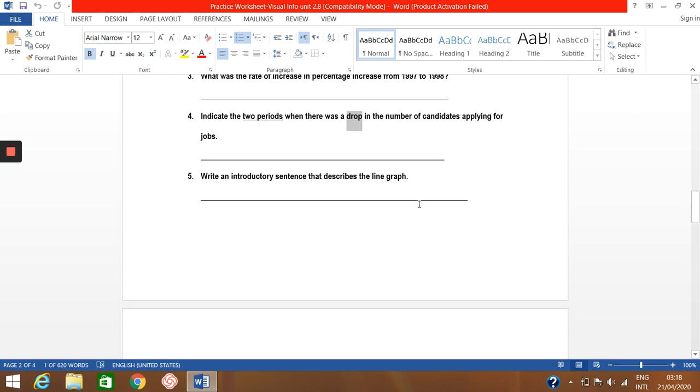Now let's move to the last question here. Write an introductory sentence that describes the line graph. And this one will take us right away to what we have mentioned in our previous lecture.